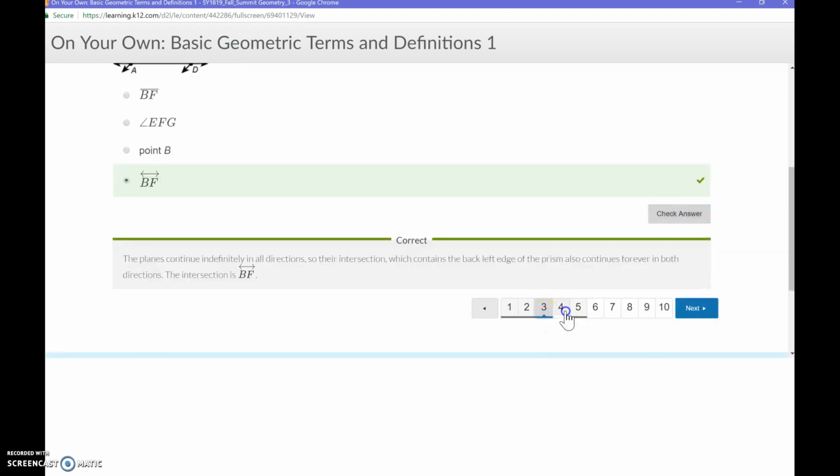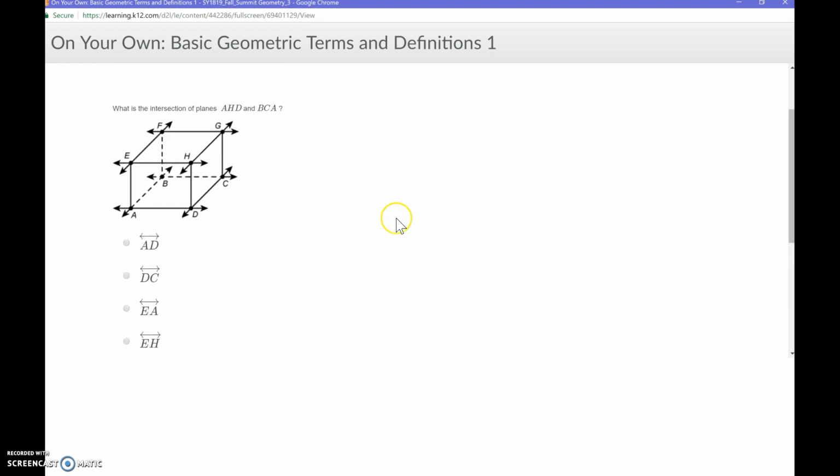Now we're moving on to number 4. All right, intersection of two planes again. AHD, A and H and D, so that's the front face of the prism. BCA, B, C, and A, so BCA is the bottom face of this prism.